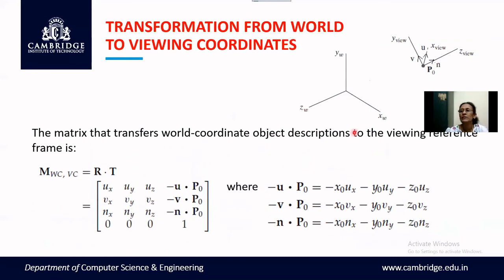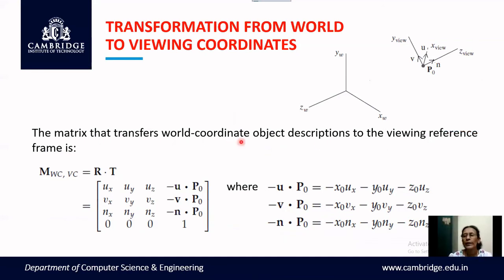So the matrix that transforms the world coordinate object descriptions to the viewing reference plane, MWCVC, is given by ux, uy, uz, minus u dot p naught; vx, vy, vz, minus v dot p naught; nx, ny, nz, minus n dot p naught; 0, 0, 0, 1, where u is the unit vector along the x view axis, v is the unit vector along the y view axis, and n is the unit vector along the z view axis.